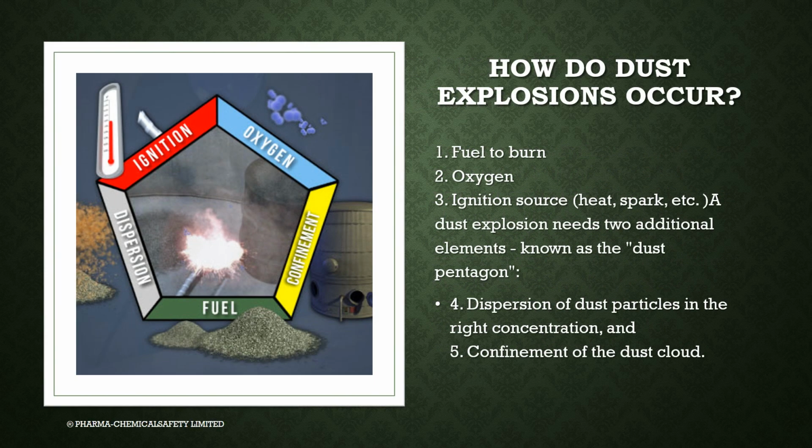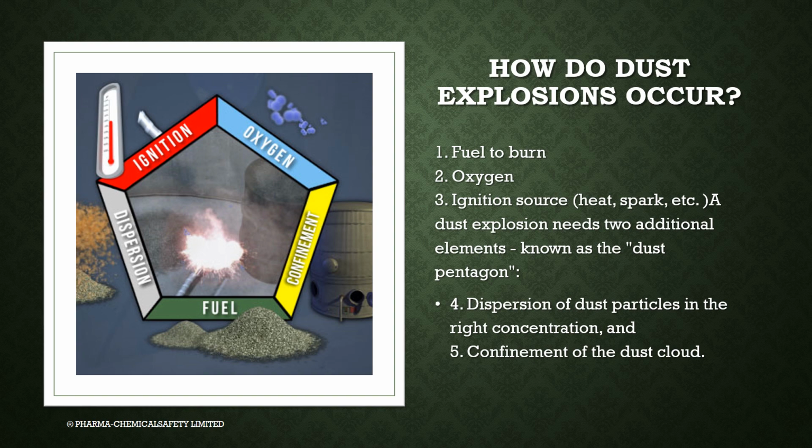In combustible powders, we have something that we call the pentagon. It's the fire triangle, but we need to add two more sides. We have ignition, fuel, and oxygen as the triangle, but we also add dispersion and confinement, and that makes the pentagon of combustible dust deflagrations. The ignition source can be heat or static.